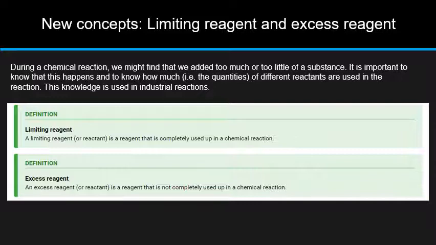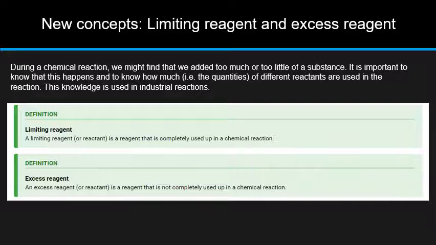When there's a chemical reaction, there's often too little or too much of a substance. In many situations we have to know which one is going to be the substance or the compound that's going to run out first, and which one is going to be in excess, so we can determine how much product we want, or we can play around with the recipe.